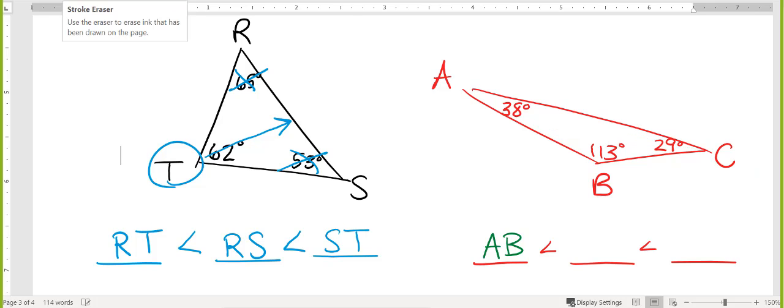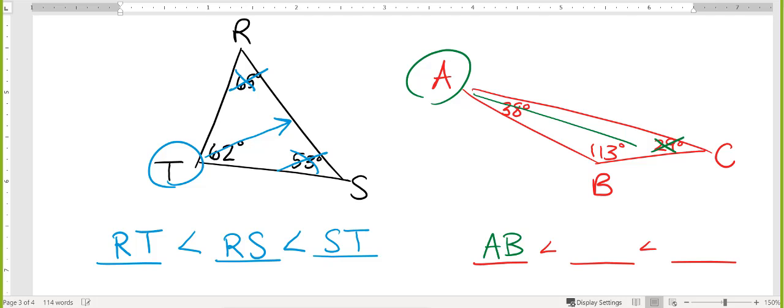Now I'm going to go after the middle side length. I've already used that one. Oops. I've already used this one as the smallest. Which one would be the middle angle measure? 38 degrees or 113 degrees? This one is the middle. So the side opposite angle A is side BC.